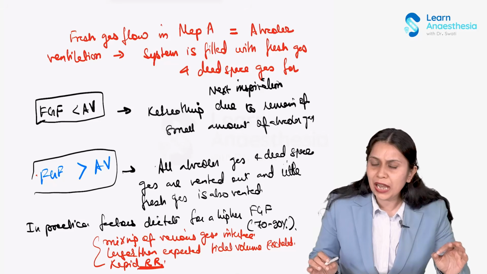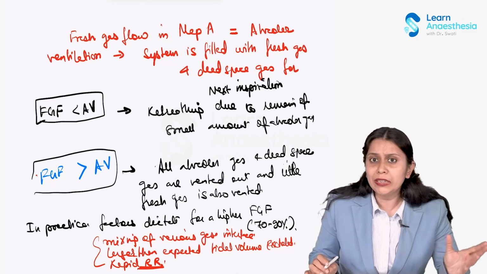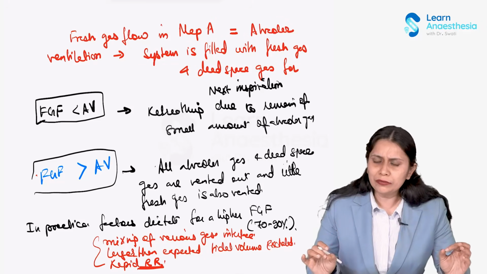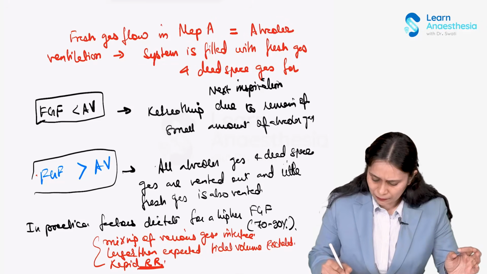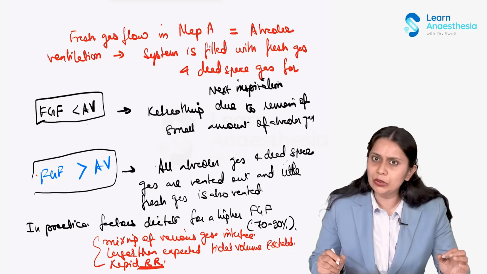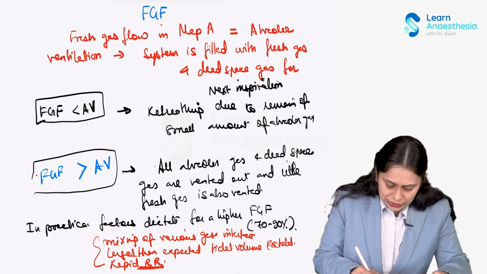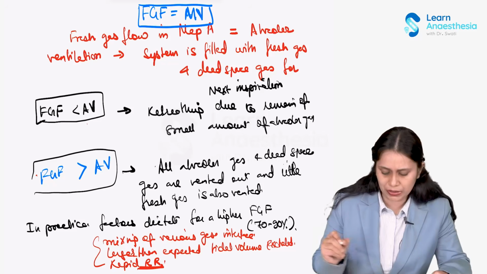So if we don't have adequate expiratory pause, we need to keep the fresh gas flow higher. Normally, in most circumstances, it is kept not equal to alveolar ventilation but equal to minute ventilation. So fresh gas flow for spontaneous ventilation is recommended to be kept equal to the minute ventilation of the patient.